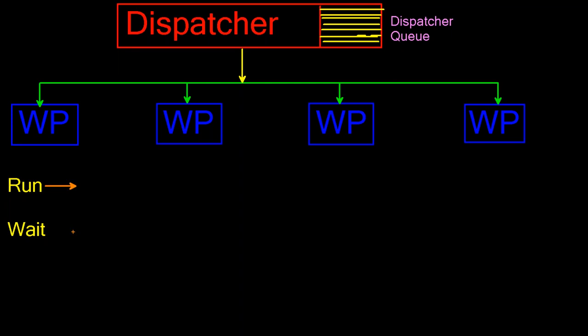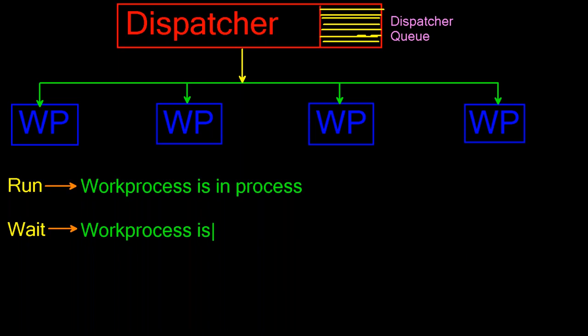Running means the work process is already processing some user request. Waiting means the work process is waiting for work. So we have two types of status, running or waiting.